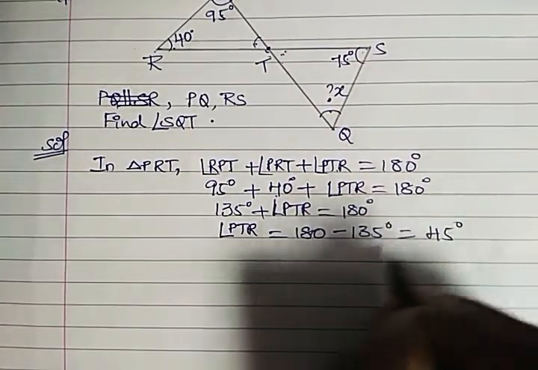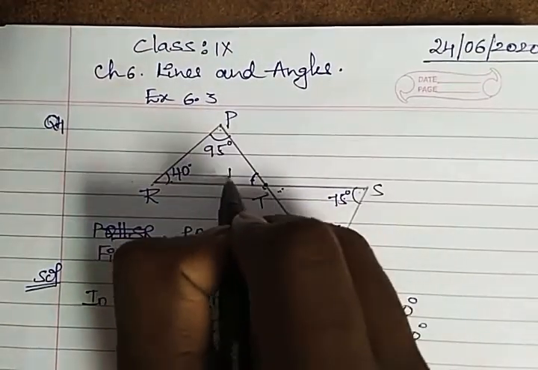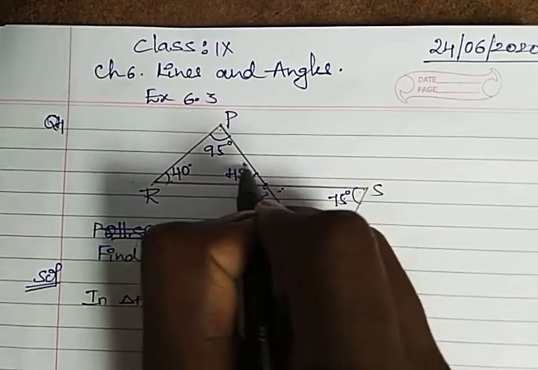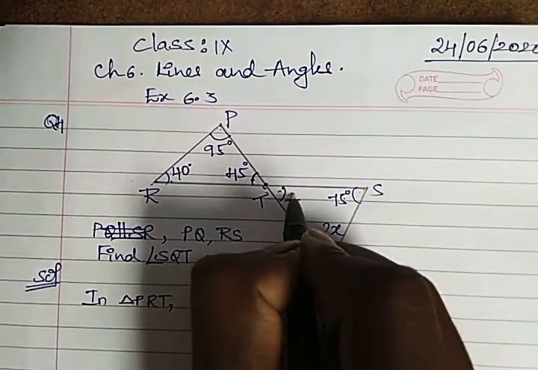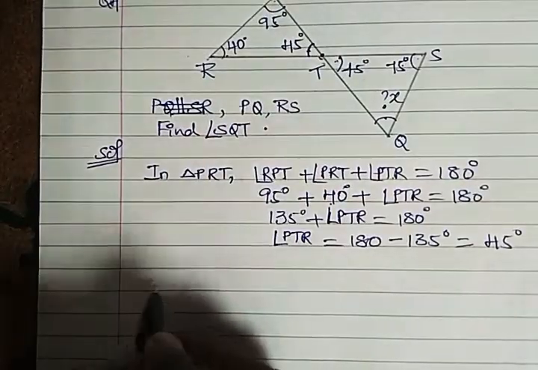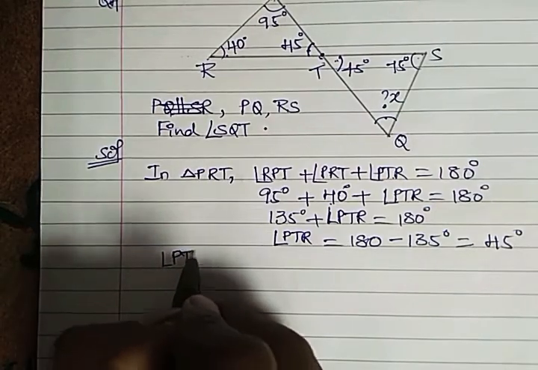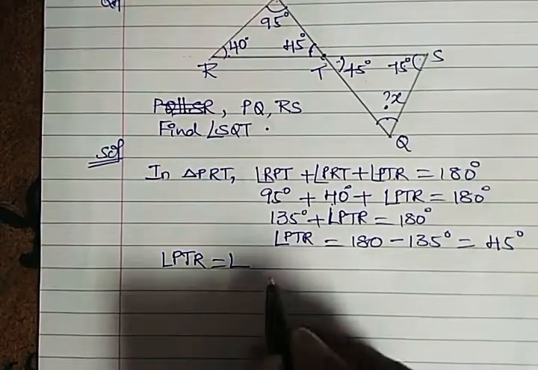We have got this angle at T, 45 degrees. So what about this angle? Here it is also 45, a vertically opposite angle. So we can write angle PTR is equal to angle STQ.